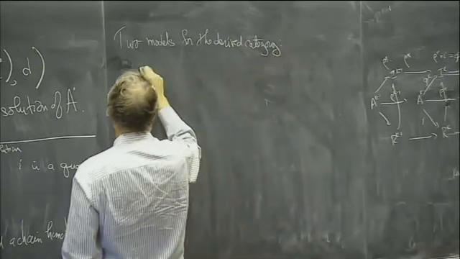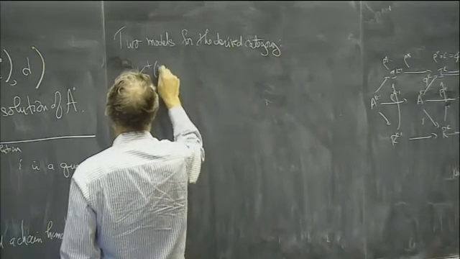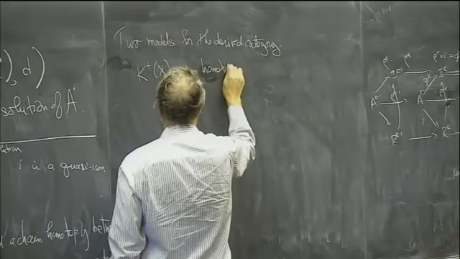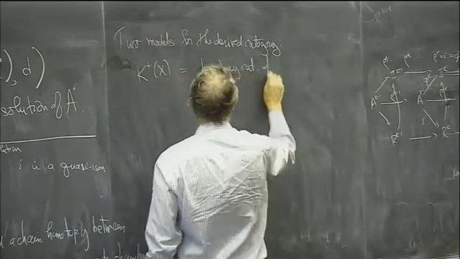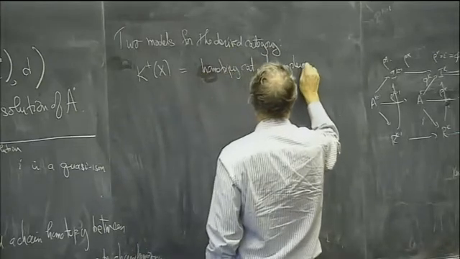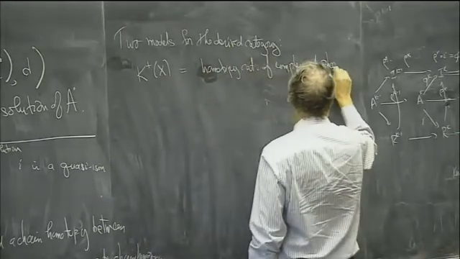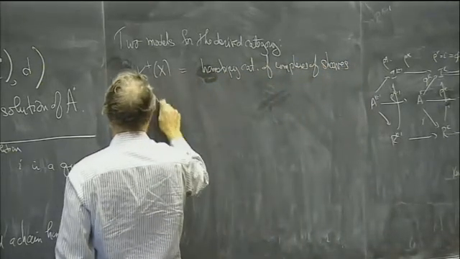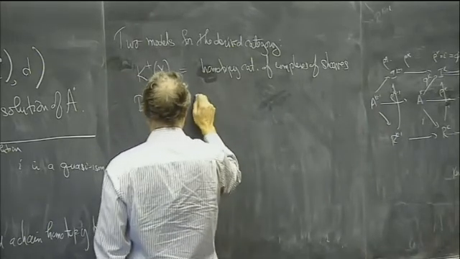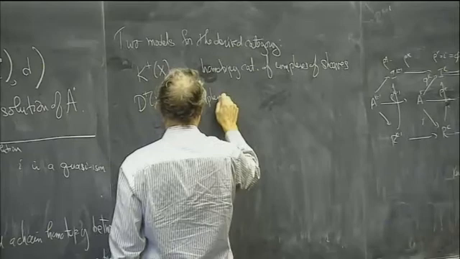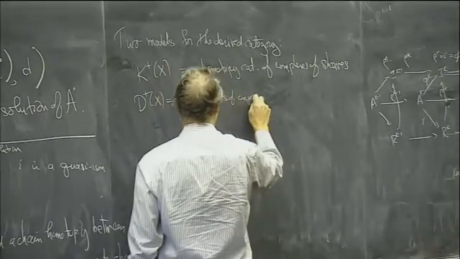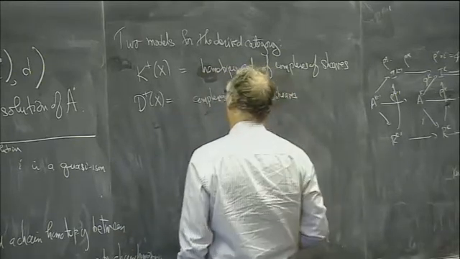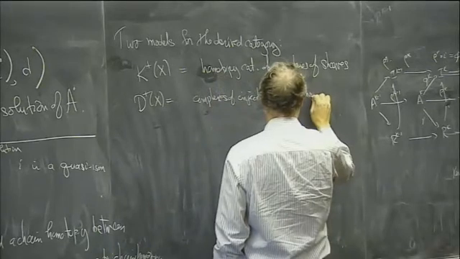One is complexes of sheaves up to homotopy, the homotopy category. And the other is, maybe it's called D plus of X. This is complexes of injective sheaves and homotopy classes.